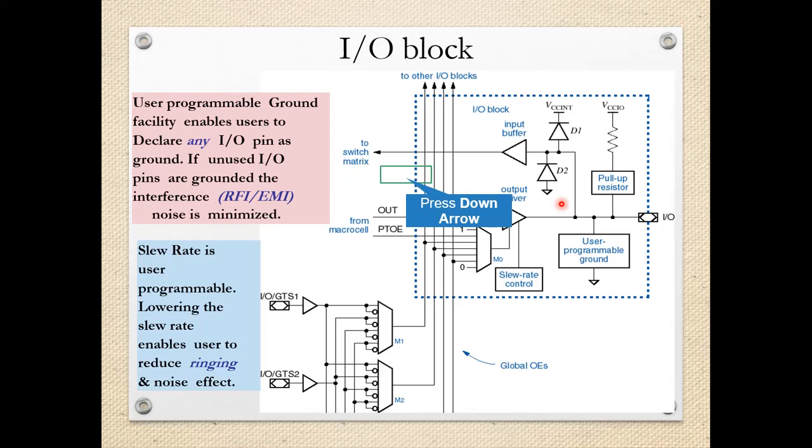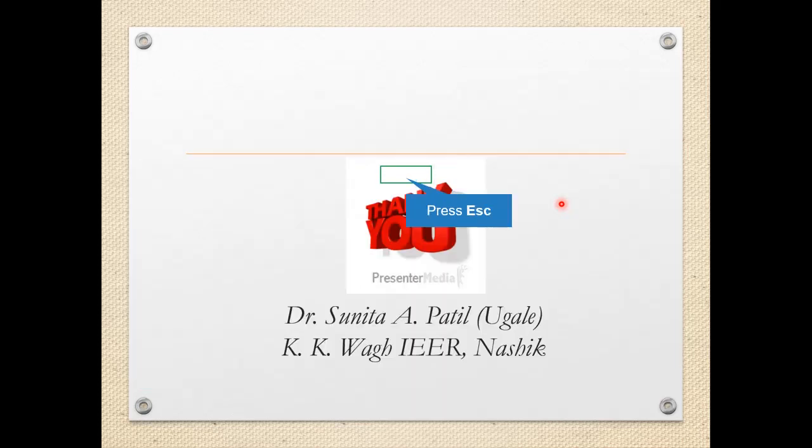If it is configured as an output, then from the macro cell, the signal will be coming over here. Through this output driver, it will be connected to the IO pin, and we can pull up the pin with the help of this facility, which is the pull-up resistor facility available.